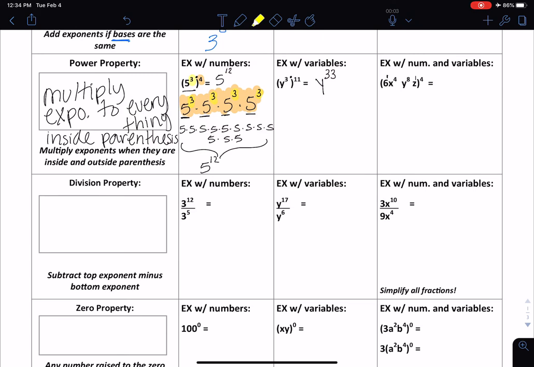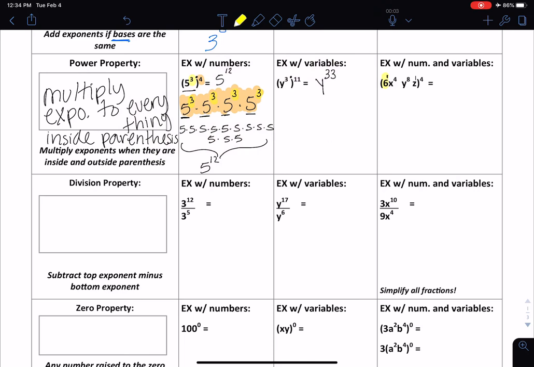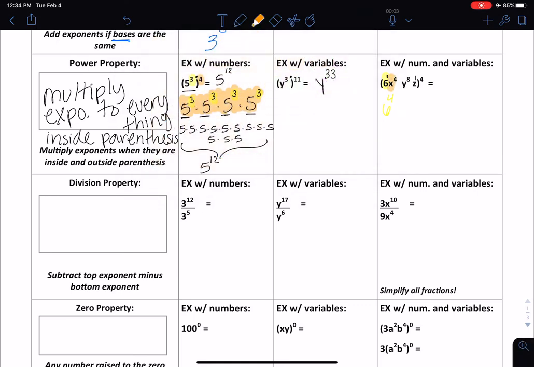Okay, so just like the previous one, we're going to take each part at a time. I'm going to start with the coefficient 6, and I'm going to multiply the exponent of the 6 to the exponent that's on the outside. So I do 1 times 4, which is 4. So 6 to the 4th.